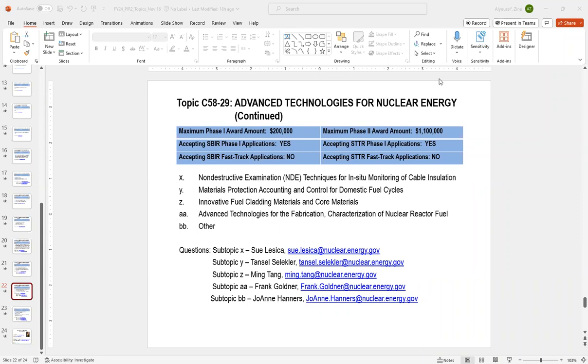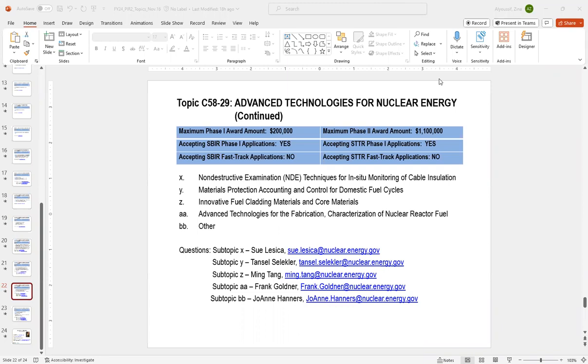Okay, the third area under this subtopic deals with silicon carbide related fuels as they may apply to light water reactors. And of course, the national labs have been really seriously involved with the development of this fuel type to date, and it's already a proposed item for some of the advanced reactors.